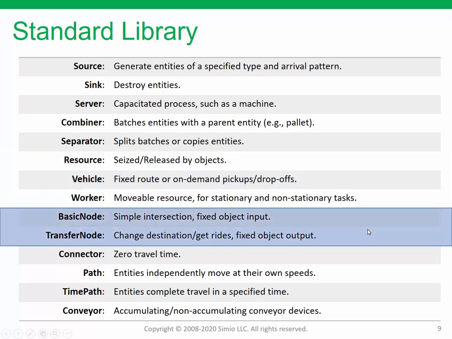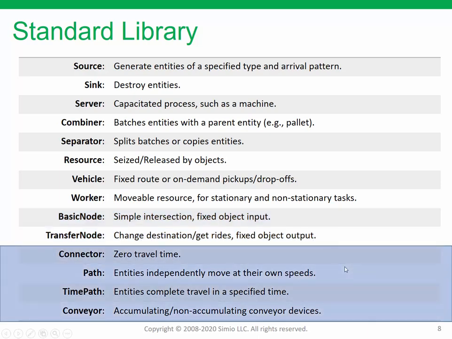The graphical notation that we'll see has sets of nodes, and we have two basic types of nodes in the standard library. There's a basic node and there's a transfer node. And finally, we have links that model entity travel between nodes, and there are 4 basic link types that are defined in the standard library. You have a connector, which models a zero travel time, so I go from one location to another in zero time.